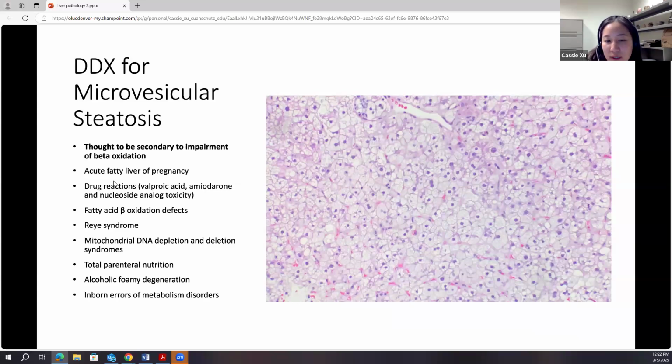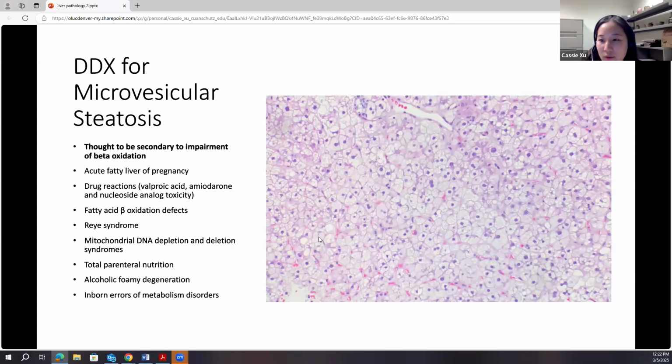So the differential here would be acute fatty liver of pregnancy, drug reactions, specifically to valproic acid, amiodarone, or nucleoside analog toxicity, fatty acid beta oxidation defects, Reye syndrome, mitochondrial DNA depletion and deletion syndromes, TPN, alcoholic foamy degeneration, and inborn errors of metabolism.